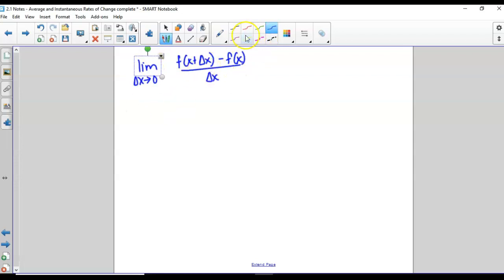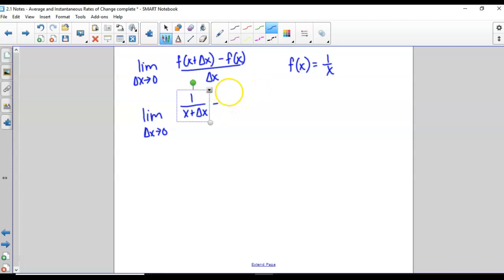So with that limit definition, if my f of x is 1 over x, I do the limit as delta x approaches 0 of 1 over x plus delta x minus 1 over x. So there I'm just plugging in x plus delta x here, and I'm plugging in just the equation here.